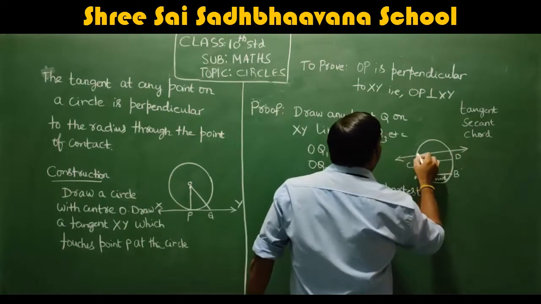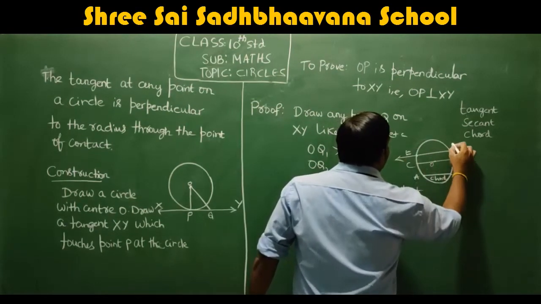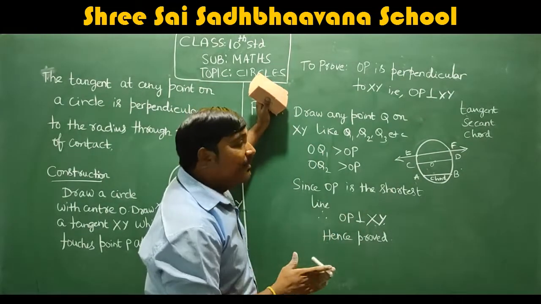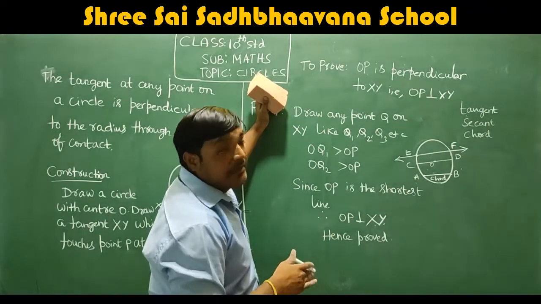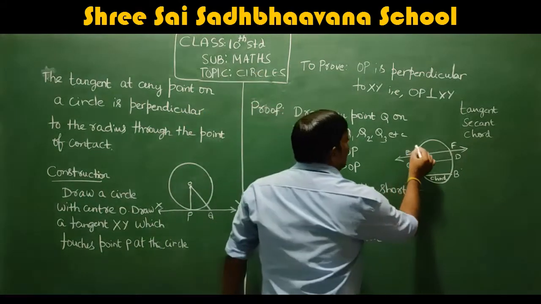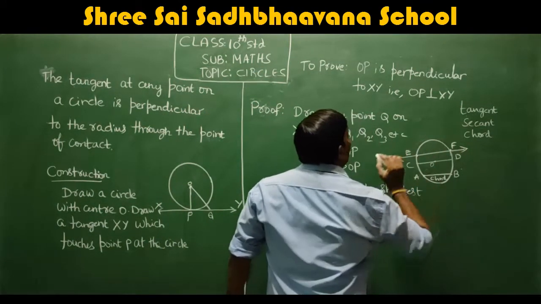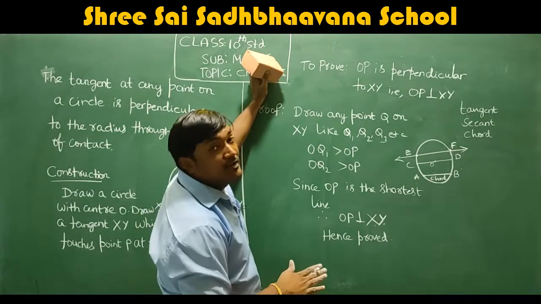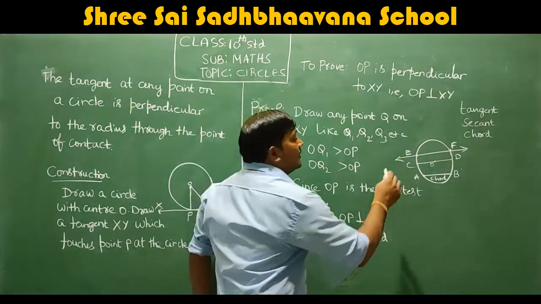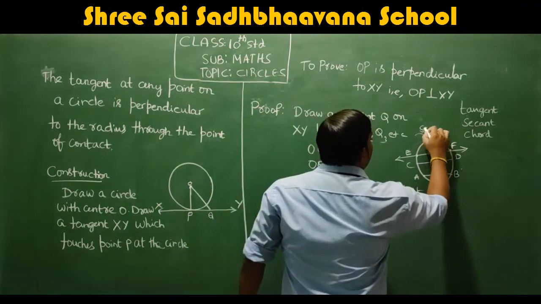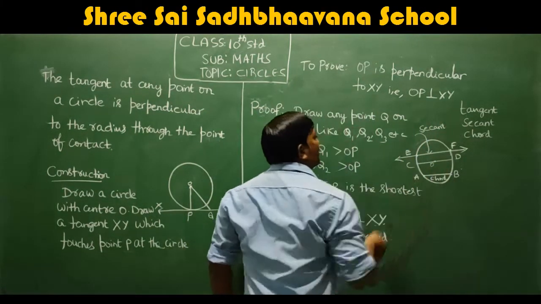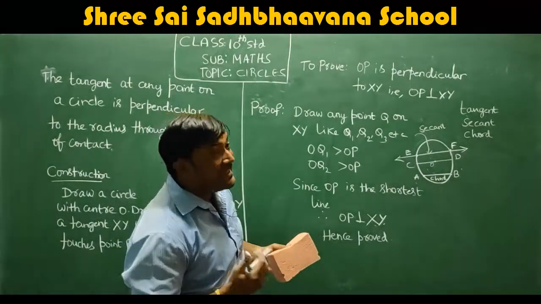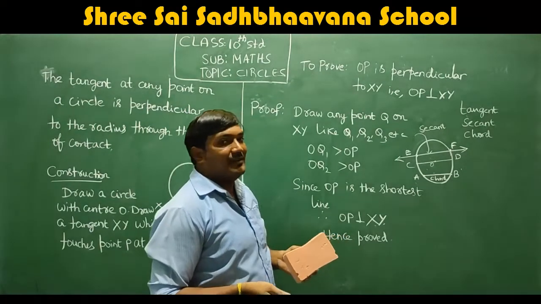For example, if I draw a line like this which passes through the points E and F, again E and F are points on the circle, and we are drawing a line which passes through E and F. This line is called the secant. So what is the difference between secant and chord? A chord is a line segment, whereas a secant is a line passing through 2 points on the circle.